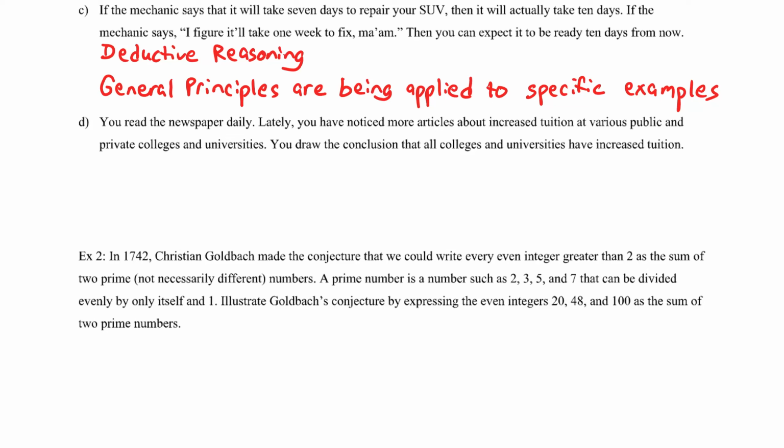So, you're reading the paper every single day over and over again. So, the conclusion that you draw is based on that pattern, those specific instances that you are repeatedly going through that paper. You're able to make that conclusion that tuition is increased. So this is an example of inductive reasoning.